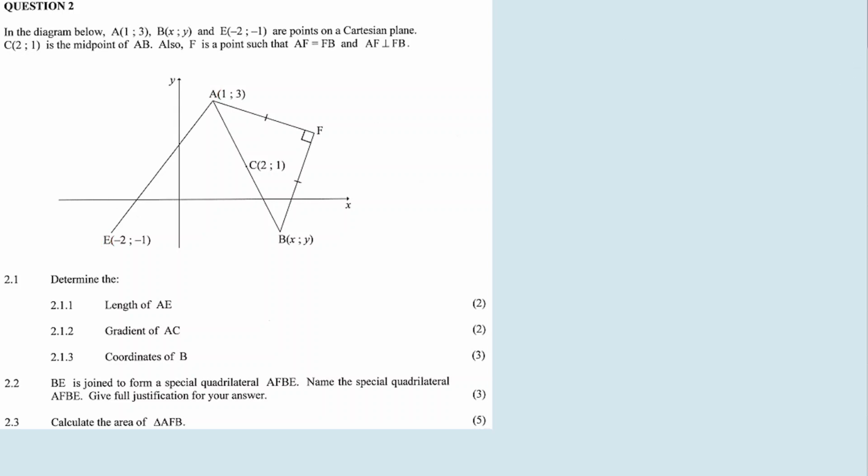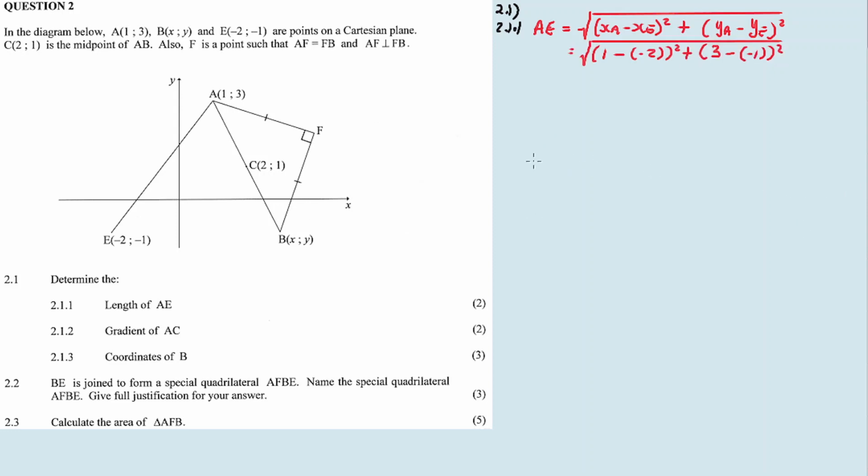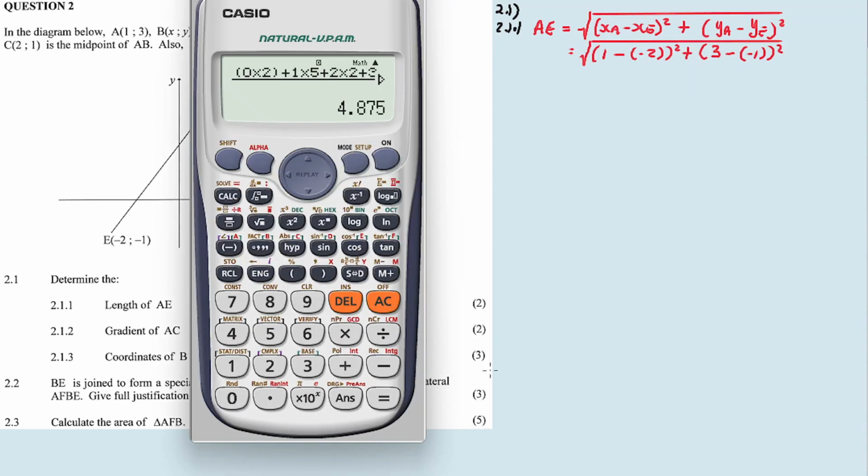So here we say AE is equal to the square root of XA minus XE squared plus YA minus YE squared. Then they gave us the coordinates, then we substitute. After substitution, we calculate, okay?